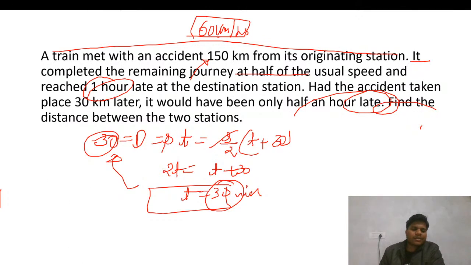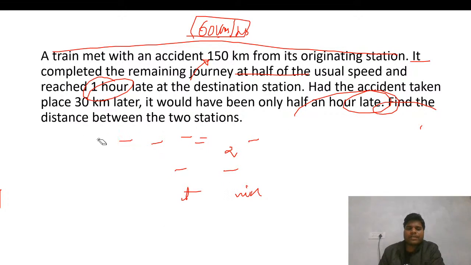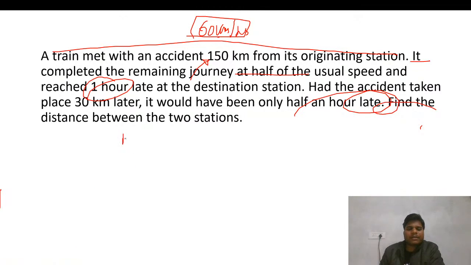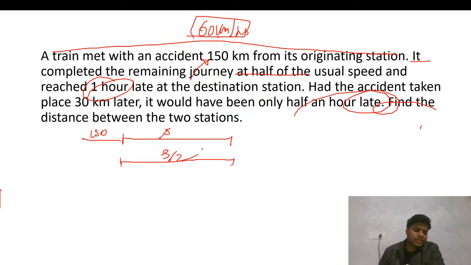Now I would recommend applying the difference formula we have learned. Just apply that and you will get the answer. We apply it on this 150 part and on this part. If this part is traveled with speed s, and this part with speed s by 2, then d will be s into s by 2, and the difference will be s by 2, and the time difference is 1 hour, from the first statement.